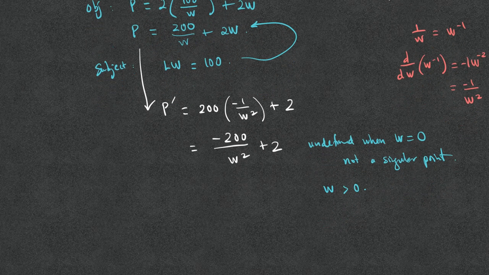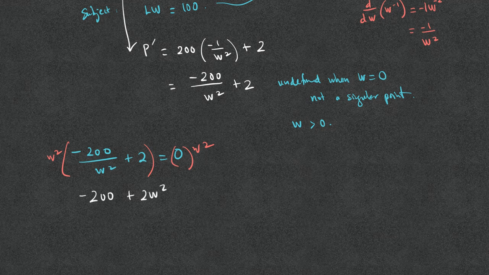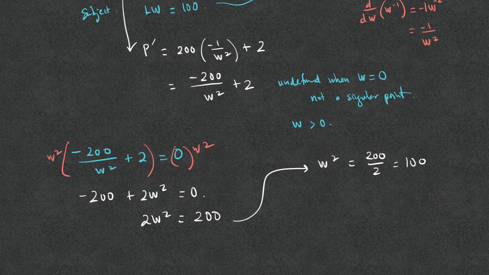We then find any stationary point by taking the derivative and setting it equal to 0. The derivative is minus 200 over W squared plus 2, set equal to 0. We multiply W squared to both sides of the equation to get negative 200 plus 2W squared equals 0. This will give us 2W squared equals positive 200, and so W squared equals 200 over 2, which is 100.